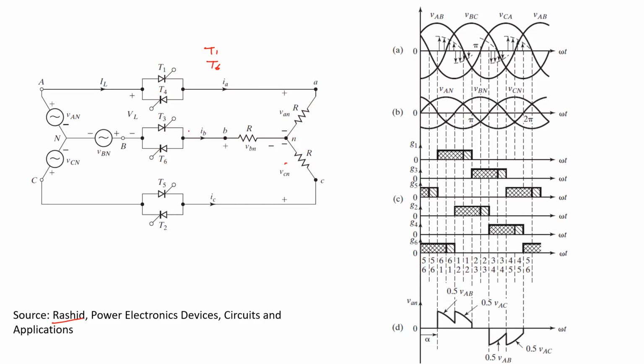Then let's say you need to power up AN and AC. Then your second sequence will be T1, and it goes there and comes here, T2, right?